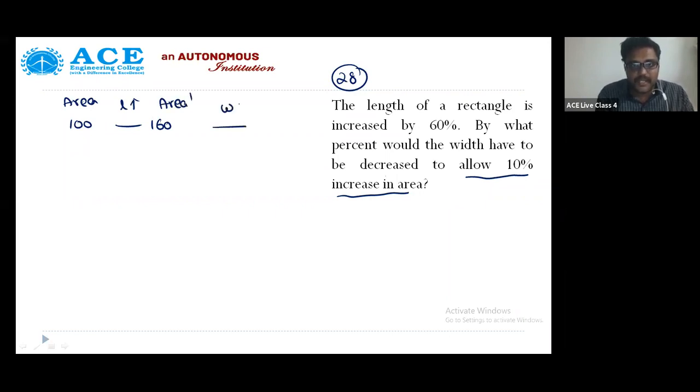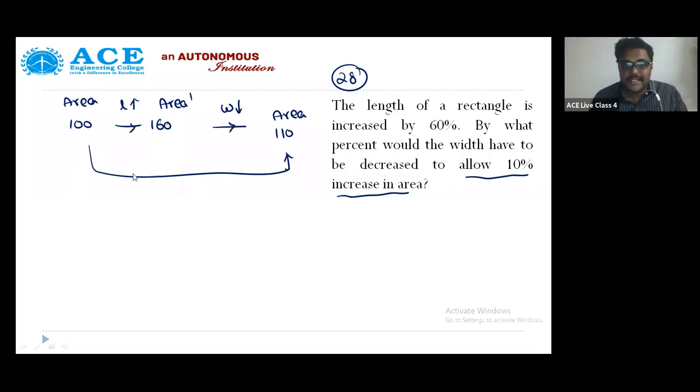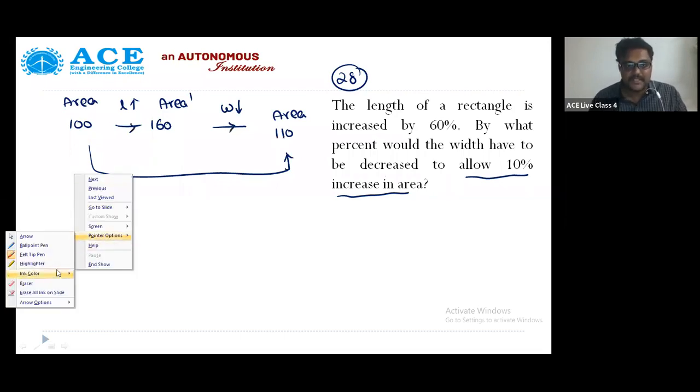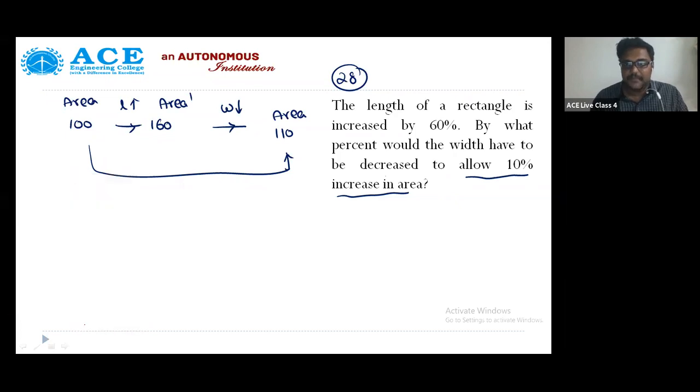Now width should decrease, but you are having some change in the area. A 10% increase is allowed, means we can go with 110. 160 becomes 110. See that? Good update, right? 10% allowed. You should allow 10% increase. You are not allowing too much.